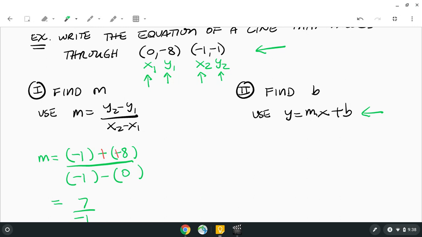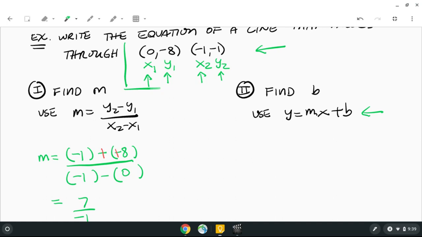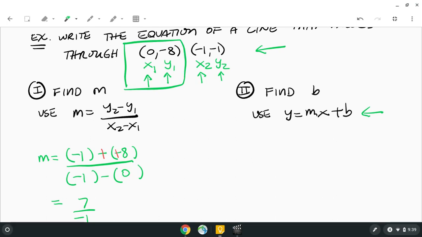Okay, so we need to plug in for x and y. So you can choose the first point, (0, -8), or you can choose the second point, (-1, -1). Okay, let's go ahead and choose the first point since there's a 0 there. Okay, so I'm going to choose this for my x and y to plug in over here.